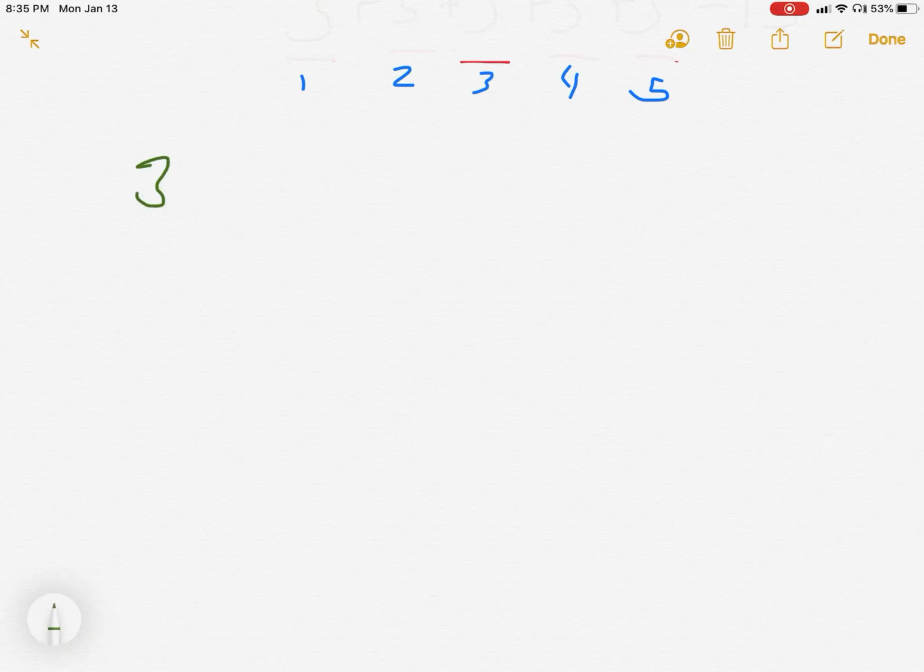If I have 3 to the 5th power, instead of 3 times 5, what that is saying is 3 multiplied 5 times. So 3 to the 5th power is the same thing as 3 times 3 times 3 times 3 times 3.